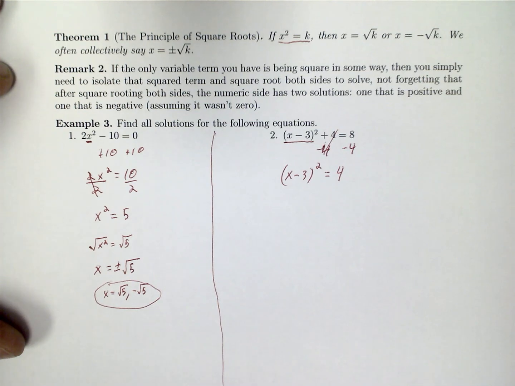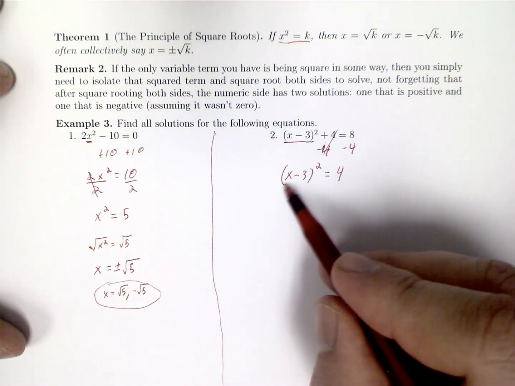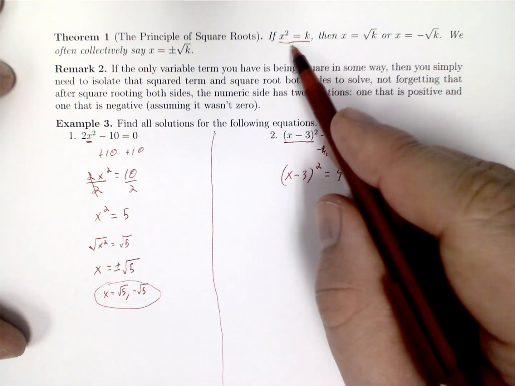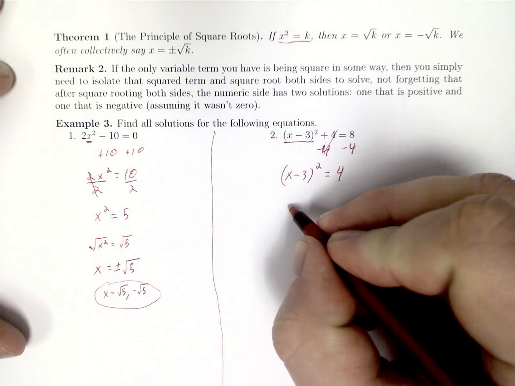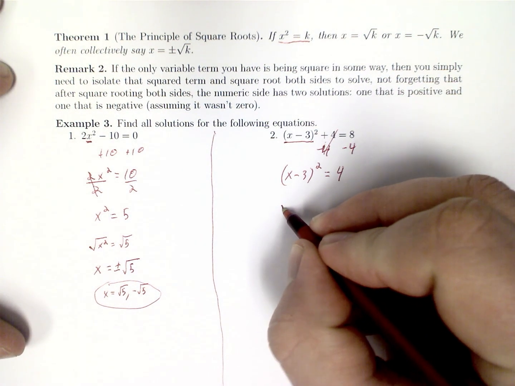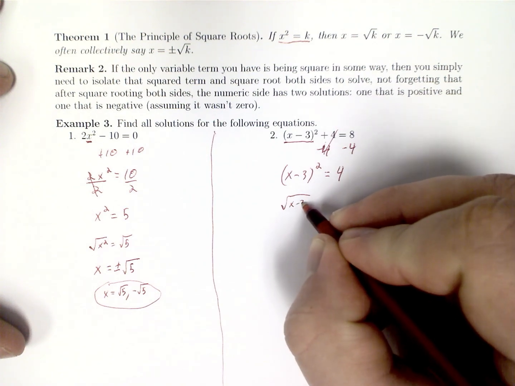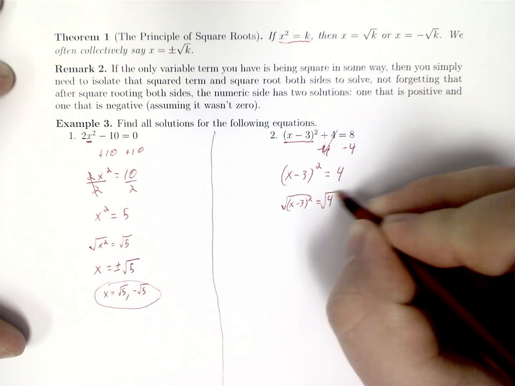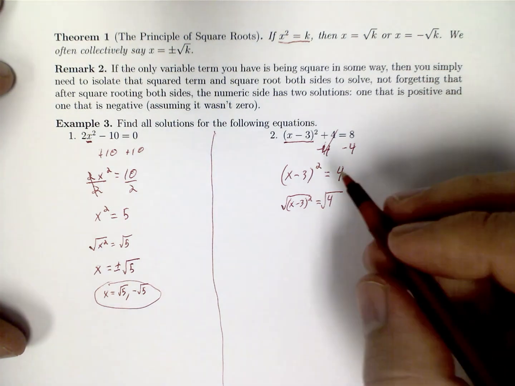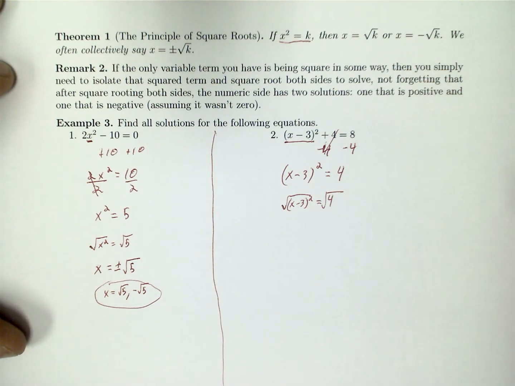And now we have the quantity that's being squared isolated. Now we can employ the principle of square roots. Square root both sides. The idea here for the future is that the square and the square root sort of undo each other. I say sort of, there's some nuance there.